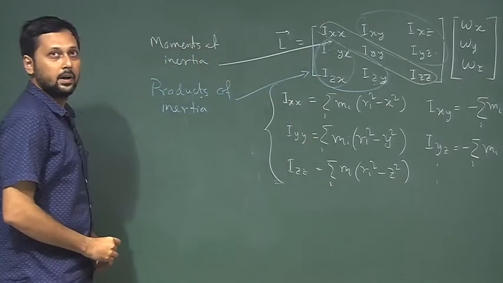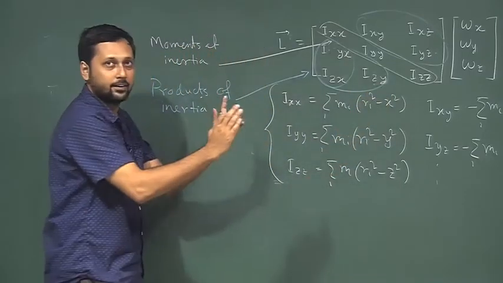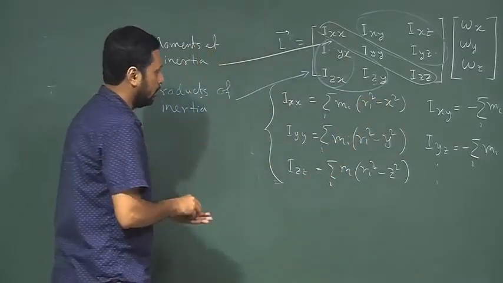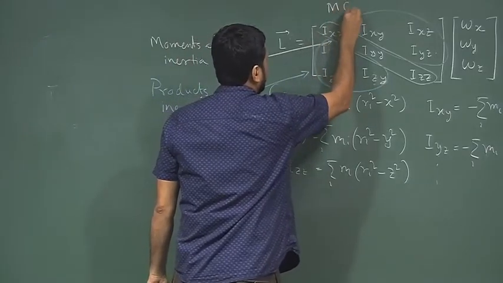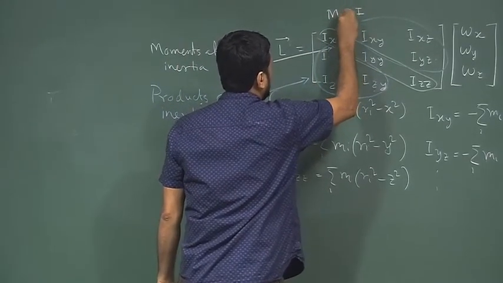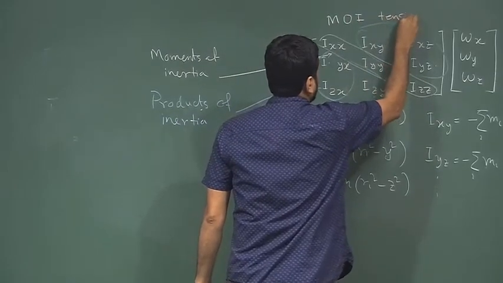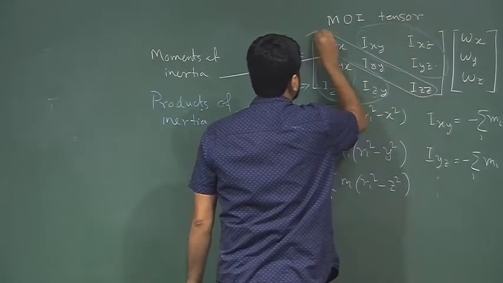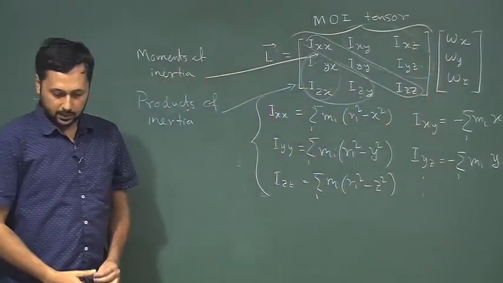Right. And this whole thing, the matrix as a whole, is called the moment of inertia, in short MOI, moments of inertia tensor. Okay.